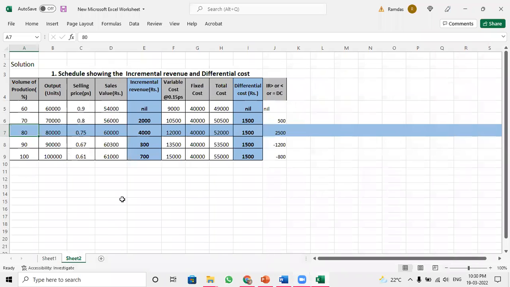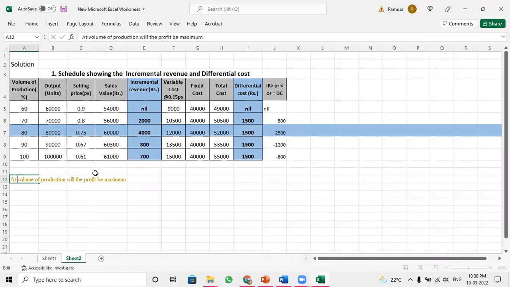So at 80% volume of production, the profit is said to be maximum. So we have answered the first part of the question.